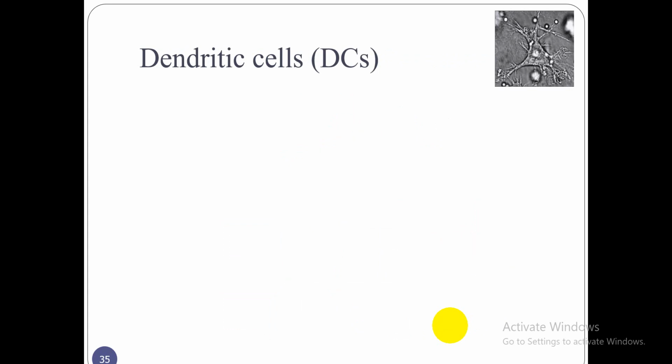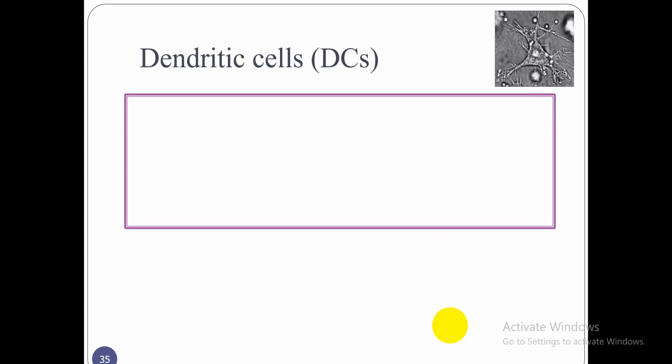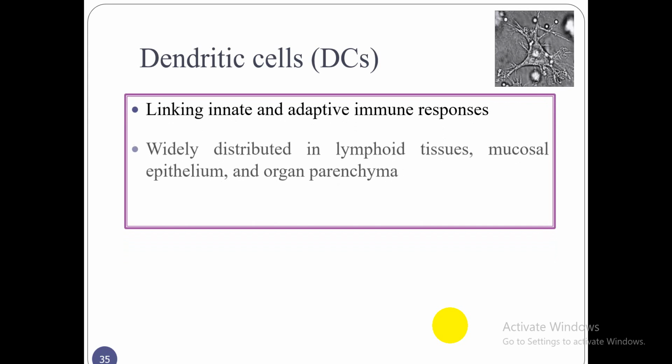The third population of innate immune cells are dendritic cells, or DCs. This is linking the innate immunity to the adaptive immune system.